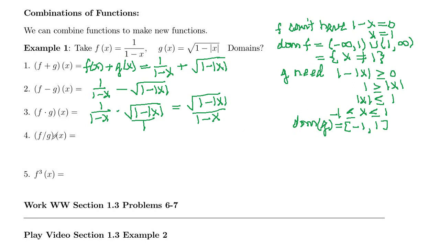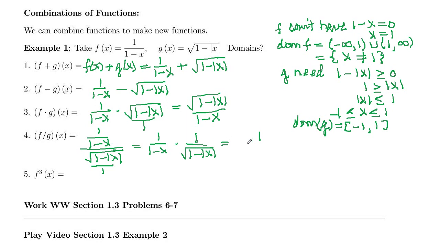And then f divided by g of x, so we're going to take that 1 over 1 minus x. We are going to divide by the root 1 minus absolute x, which is over 1. So if you invert and multiply, that's 1 over 1 minus x times 1 over root 1 minus absolute x.